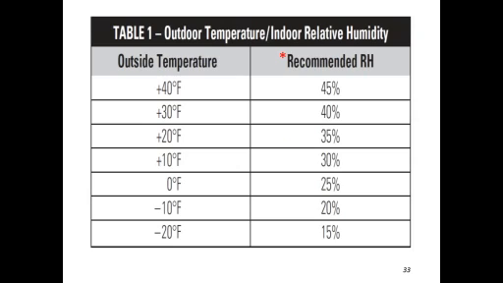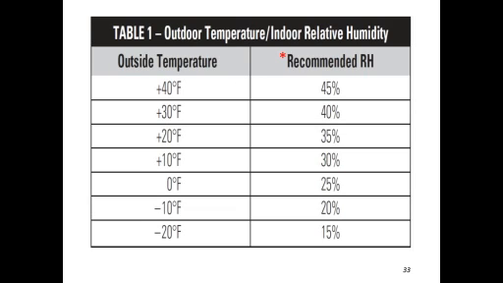The next slide is a table that you find in lots of manufacturers' operating instructions for humidifiers. It simply tries to give the homeowner, or building owner, an idea that as the outside temperature goes down on the left side, the left column, the recommended relative humidity goes down as well.